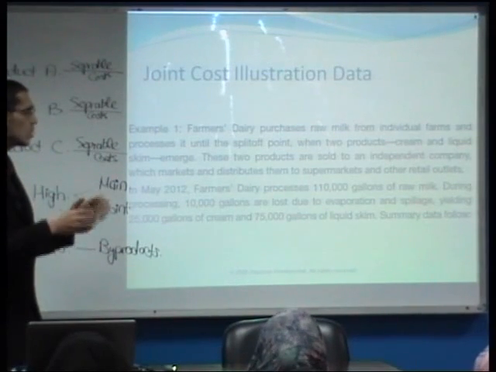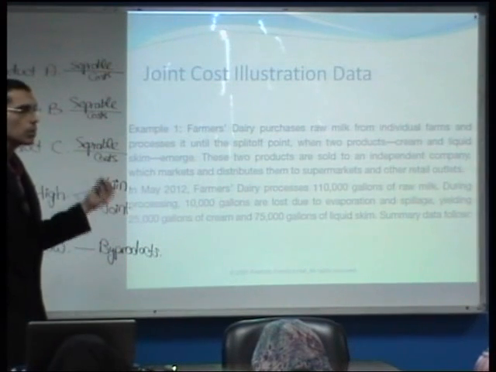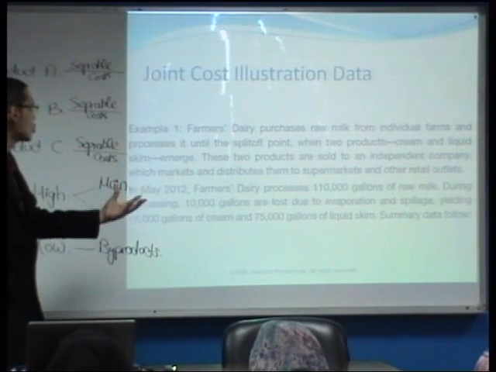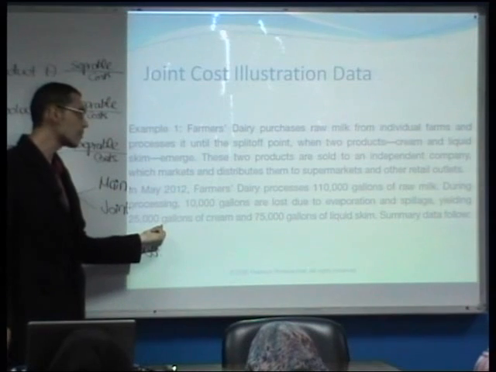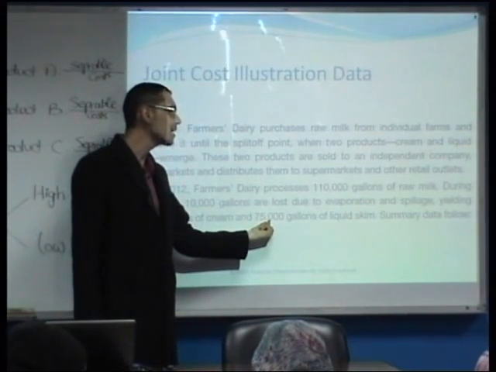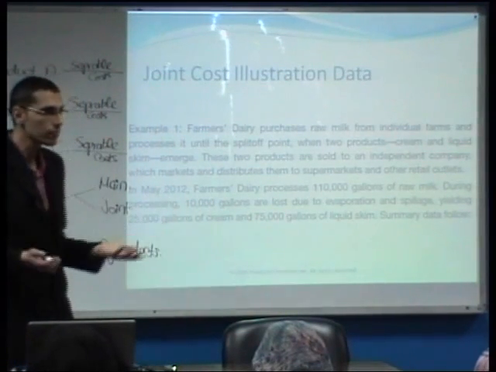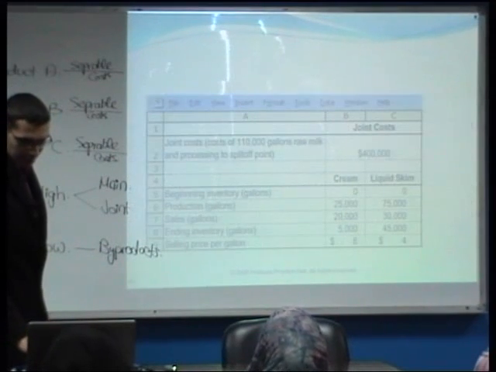Therefore, 10,000 will be lost, while the joint production process will yield 25,000 gallons of cream and 75,000 gallons of liquid skim. Therefore, this is the information according to our example.